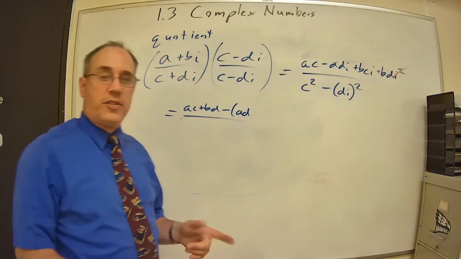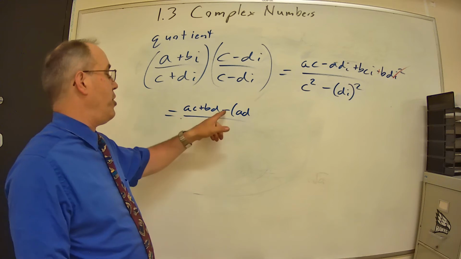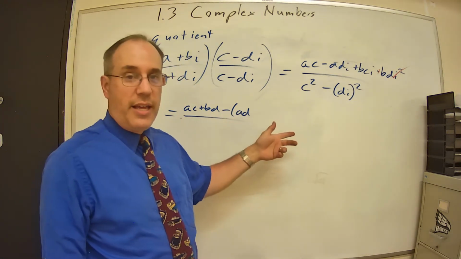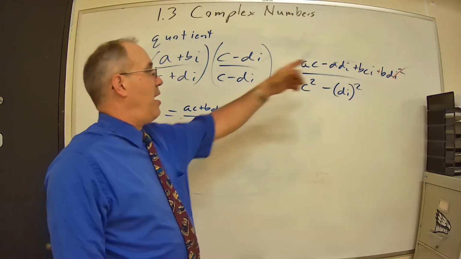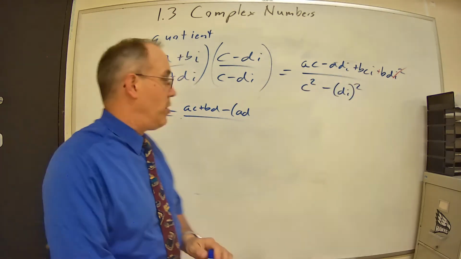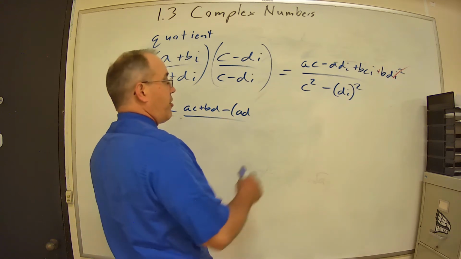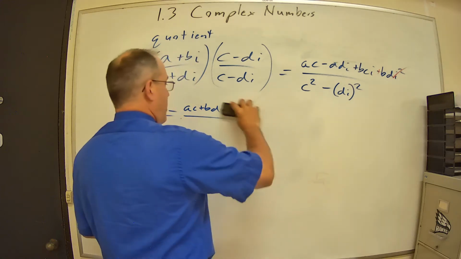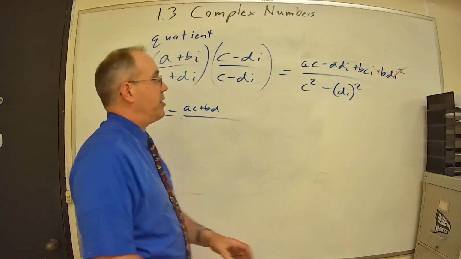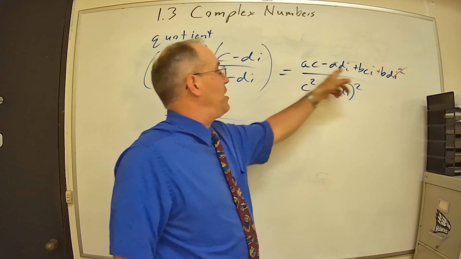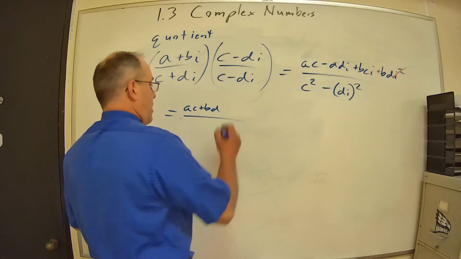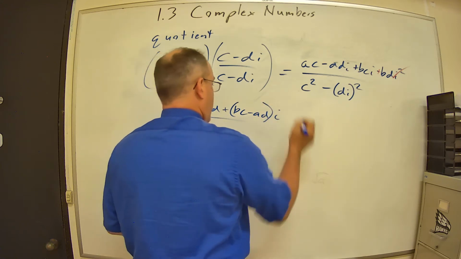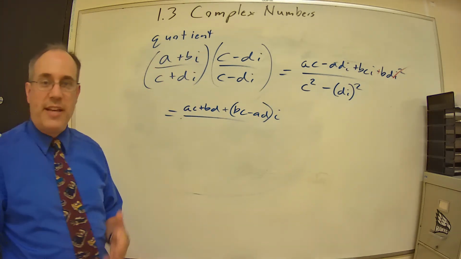Now be careful with this because it's very easy to make a mistake here. If I put a minus out here and do ad plus bci, then I won't have distributed a negative through. So if I'm going to put this out here, I would have to make this minus bci. So what I'm going to do instead, to make my life a little easier, I see I've got plus bc minus ad. I'm going to go plus bc minus ad i. It just makes it a little bit simpler.